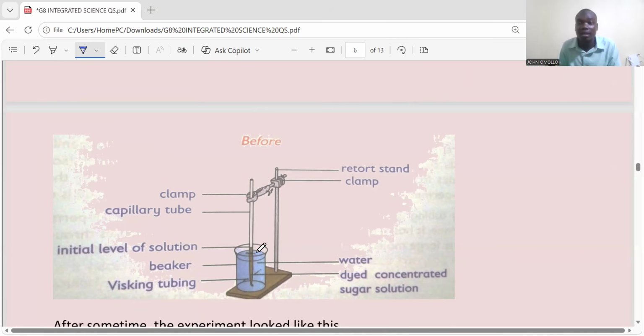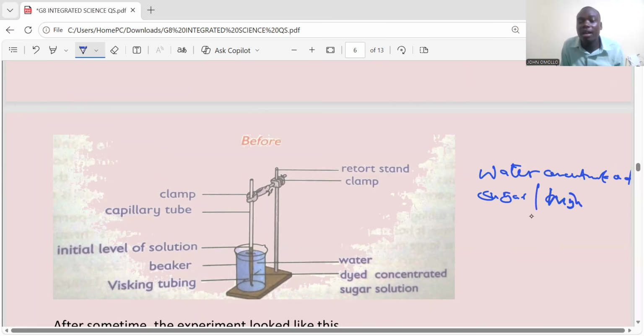I want you to understand that there is what we call water concentration, and there is what we call sugar or high concentration. Remember, when there is high concentration, the solutes are so many. But where we have dilute or low concentration, the water is there. So remember, water dilutes the sugar. We cannot talk about high concentration where we have water alone.